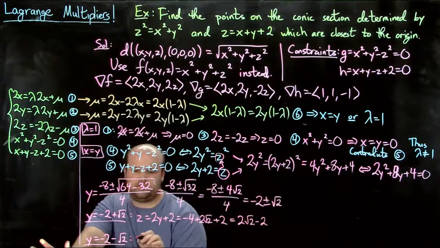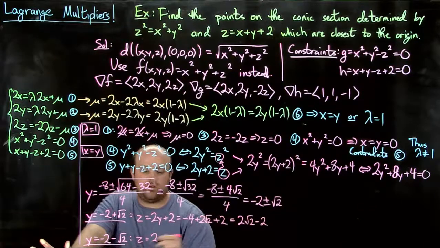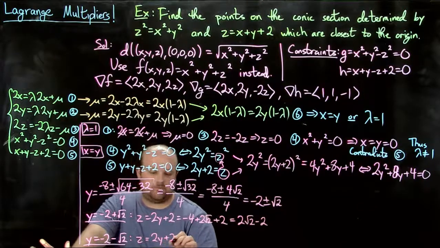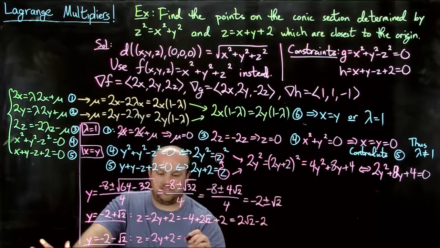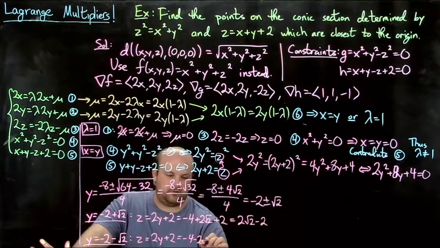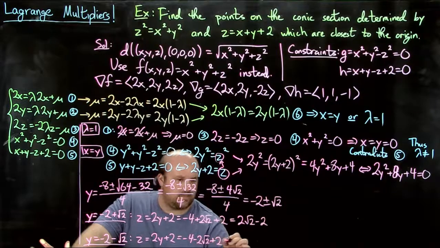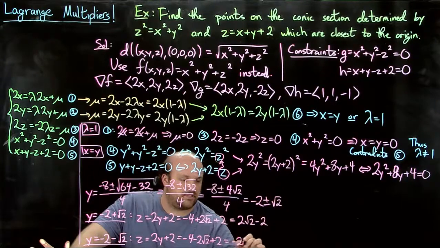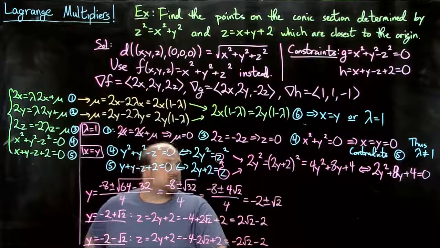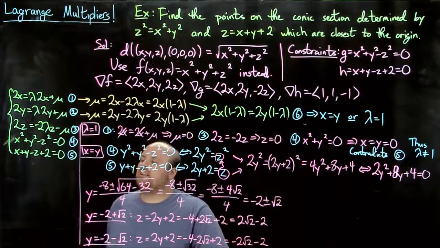And down here, z is still 2y plus 2, but this time we have negative 4 minus 2 root 2 plus 2. So this one is negative 2 root 2 minus 2. So those are the two z values, but now we have to worry about what x is.